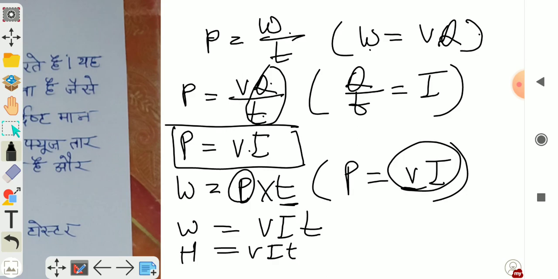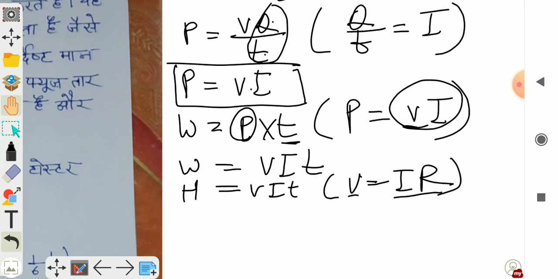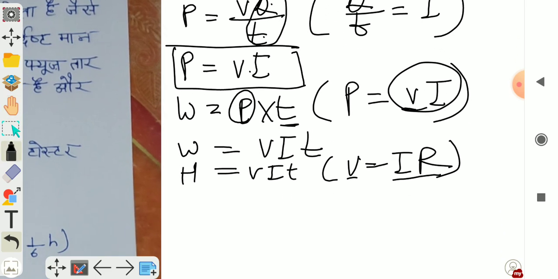And if we place the value of V equal to IR by Ohm's law, V equal to IR, in place of V, we will get H equal to, in place of V we will write IR, and this one IT.